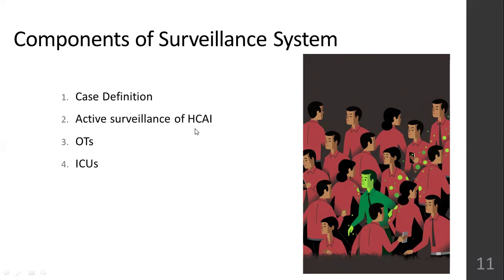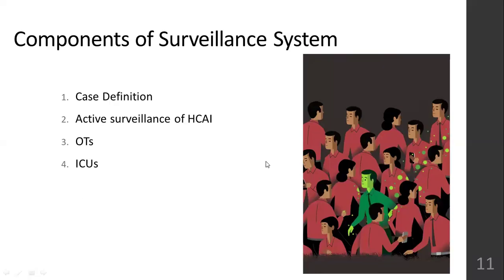This takes place in all high risk areas; active surveillance means ongoing. Passive surveillance is when the patient has been discharged. Now the medical records department has the patient file, and they will do their secondary research. That is passive surveillance.